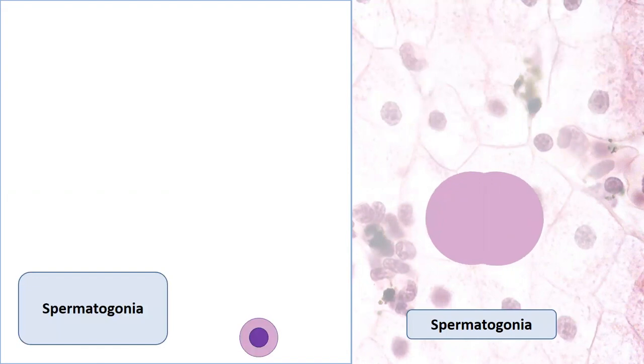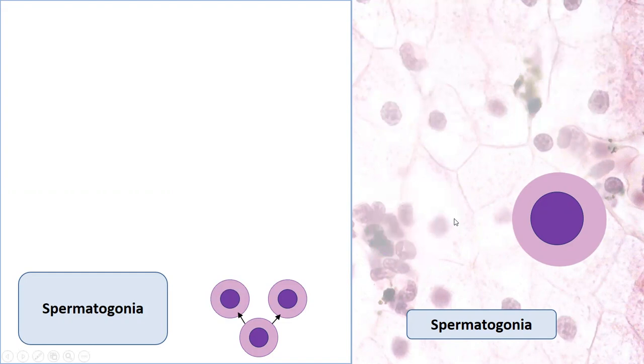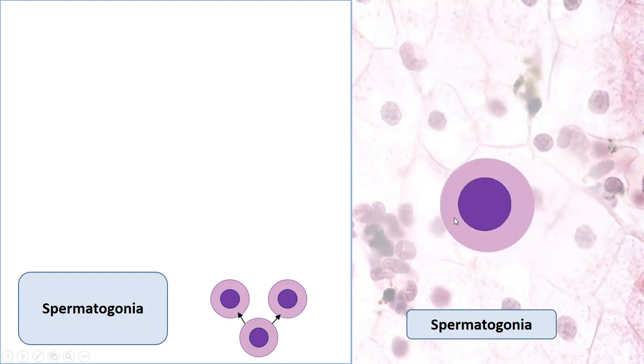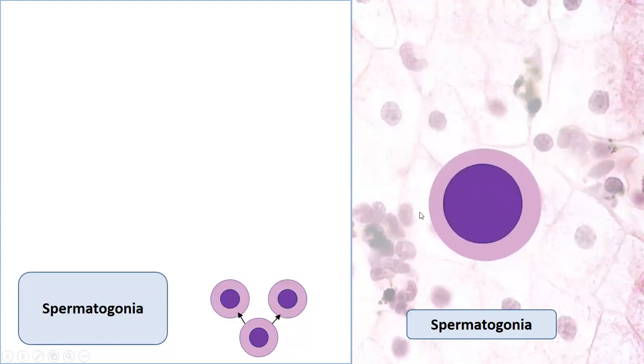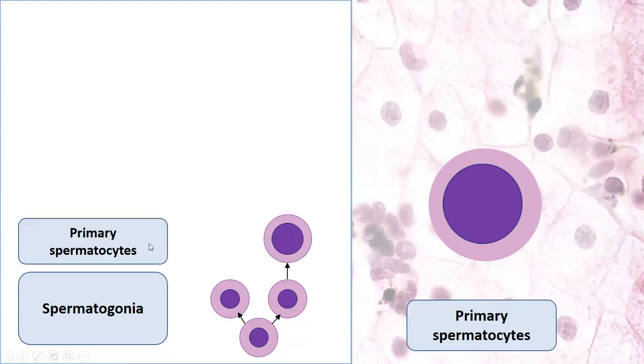Here we can see division, and it results in the formation of two spermatogonia, and there are some following mitotic divisions. After the final mitotic division, the spermatogonia begins to grow, it increases its volume and the volume of the nucleus, and it becomes a primary spermatocyte. Here we can see one spermatogonia becoming a primary spermatocyte.